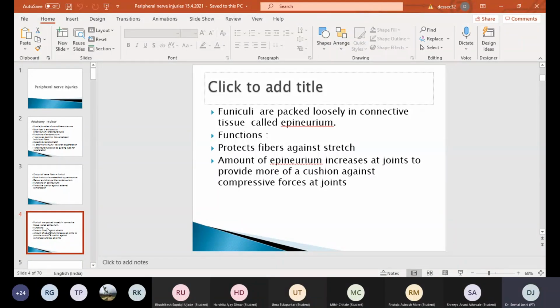The amount of epineurium increases at the joints, because at joints the nerves are going to be more superficial and there are going to be a lot of compressive forces. So to avoid injuries to the nerve at the joints, there is going to be thickened cushioning, and that's why epineurium is more at the joints.